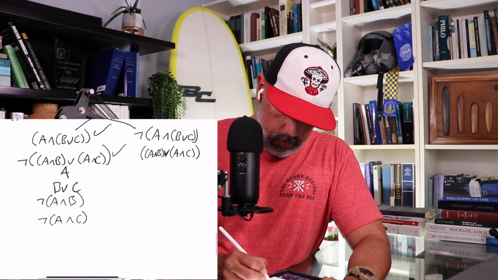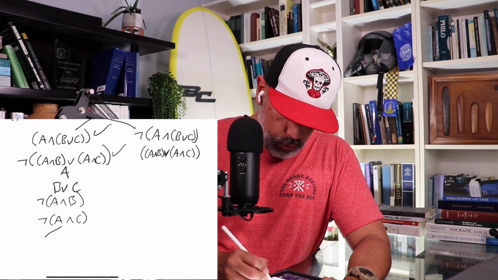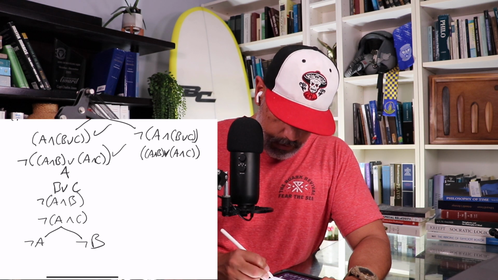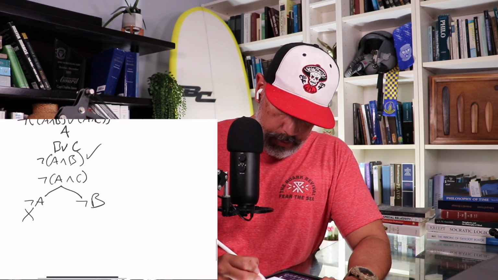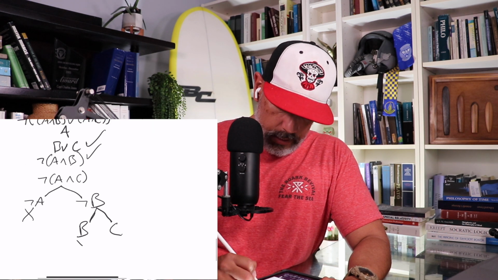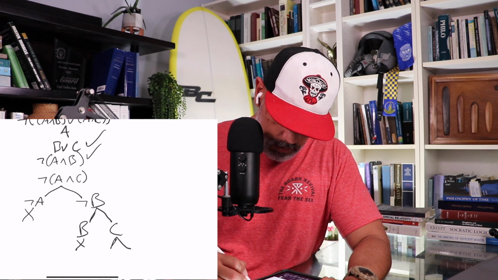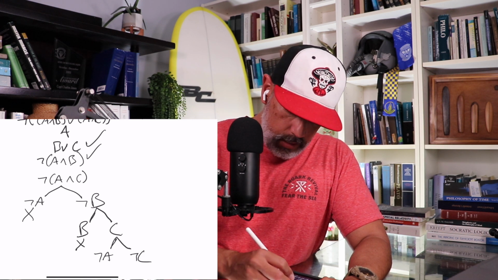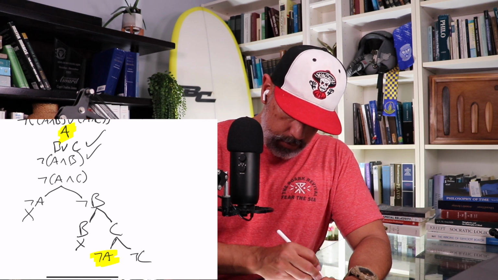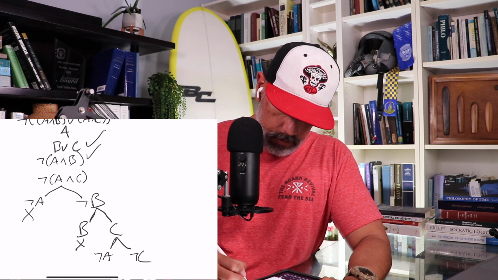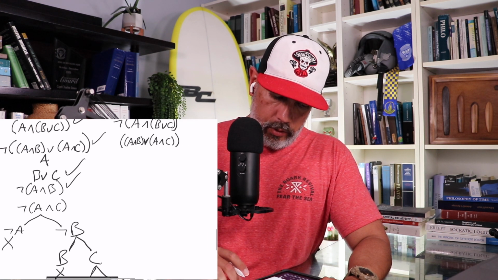Okay, and then negation of conjunction, the A and the not A. And then we'll do the B or C, the B and the not B, and then the not A and C. We have the A up here, and this not A down here. And the C and the not C. So that side closes out totally.